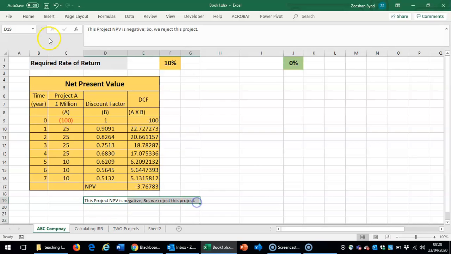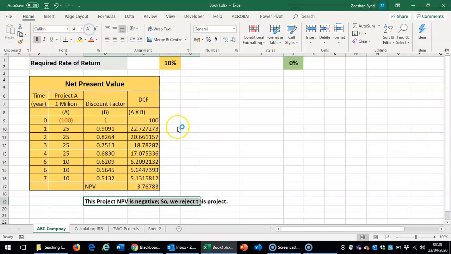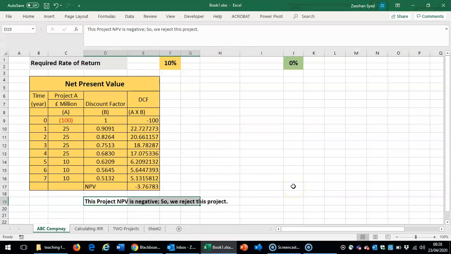Okay, now having done this, only one simple question: how can we make this project positive? Number one, if we have higher cash flows, let's say this becomes 50 million, it becomes positive. So if this project has higher cash flow, it becomes positive.